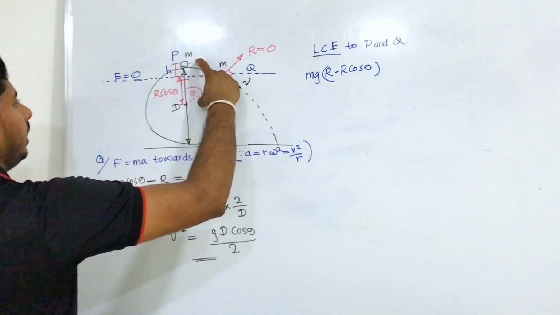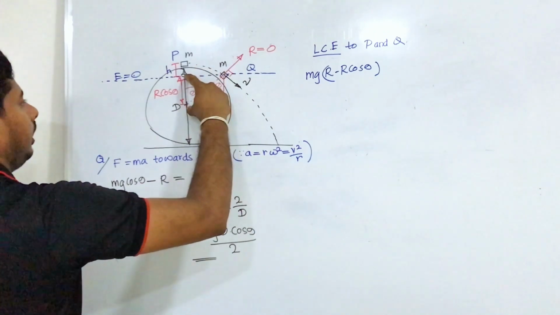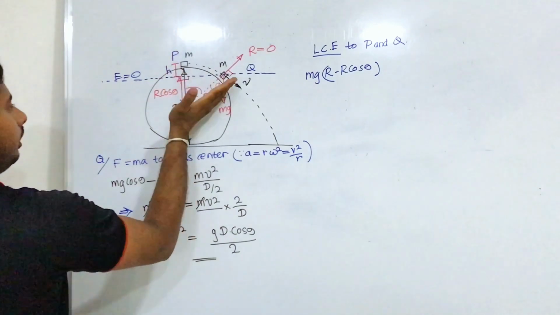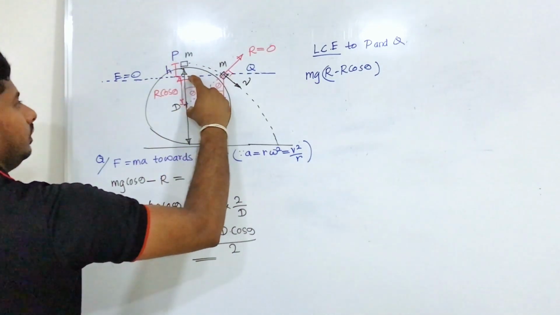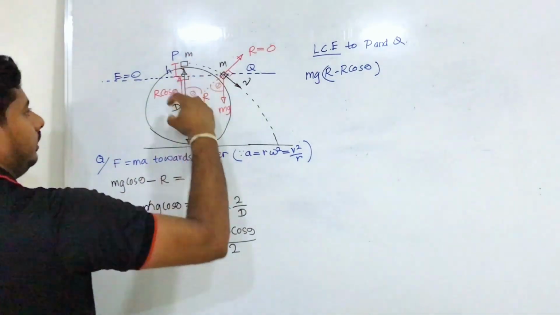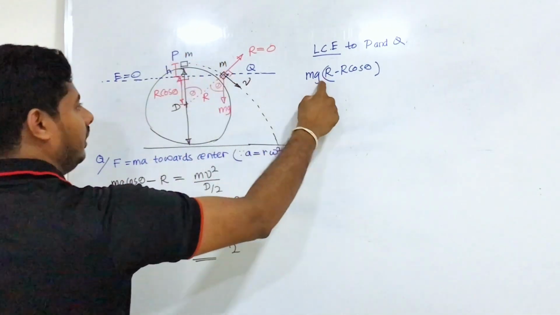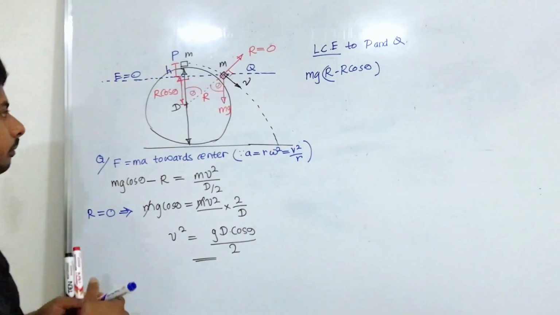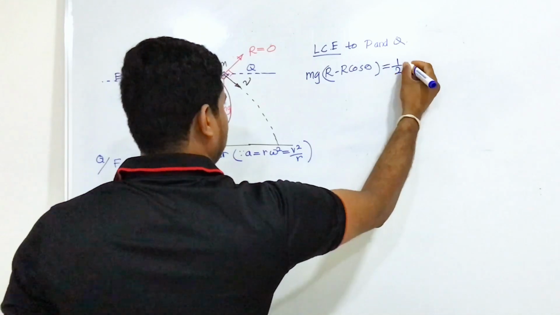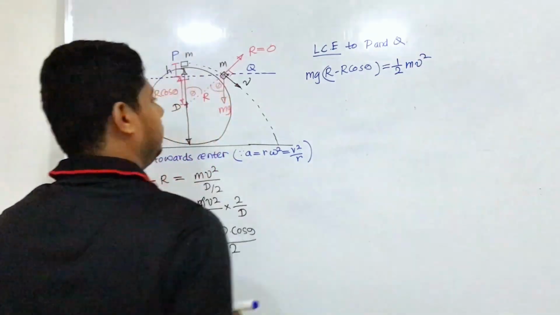This total length is r, and this is r cos theta, because this is r. When you take the resolved component of this length from this right angle triangle, this is r cos theta, and the h height will be r minus r cos theta, and that is equal to half m v squared.